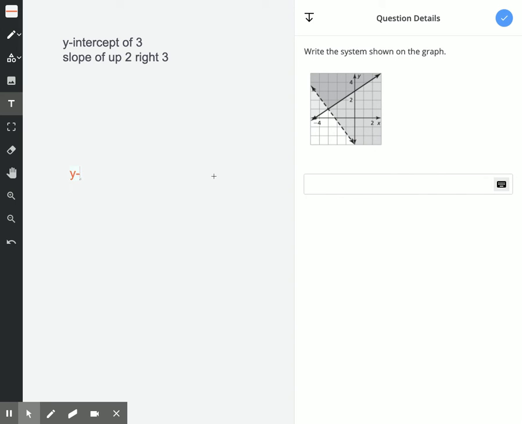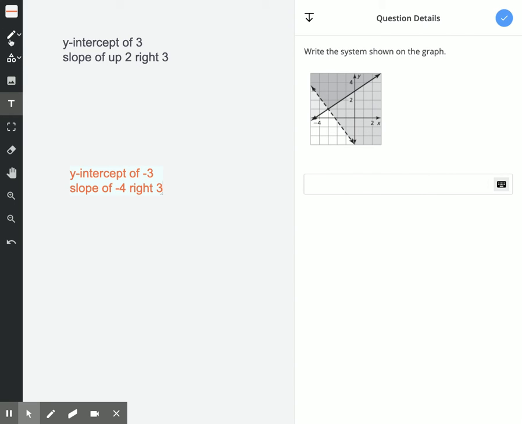This has a y-intercept of -3, slope of down 4, right 3. That's right.